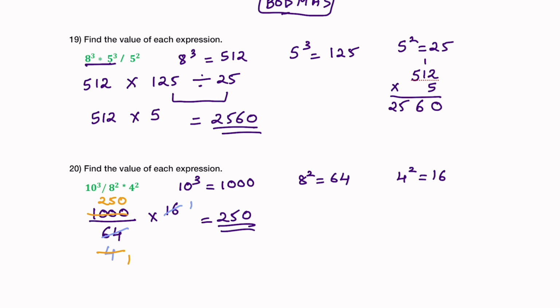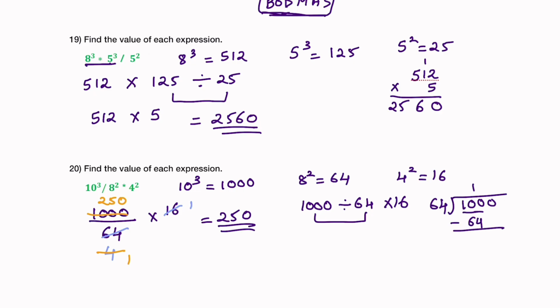Okay, or you could have done 1000 divided by 64 times 16, following this rule as it is given. So we do the division here, that divided by 64, right? So in this it goes once, and right, 64. So the remainder is going to be 36.